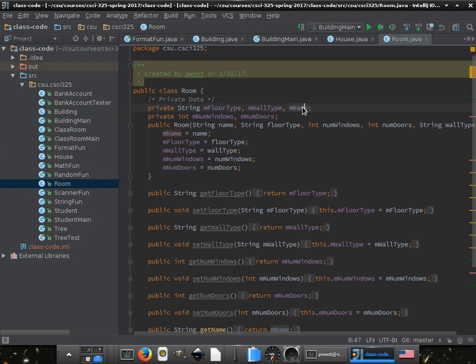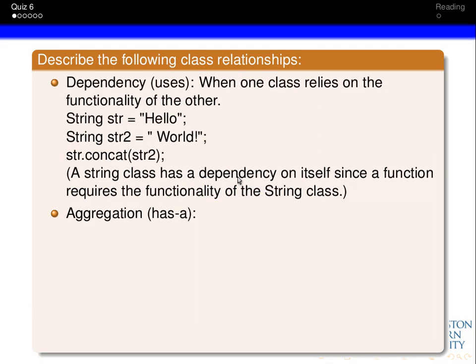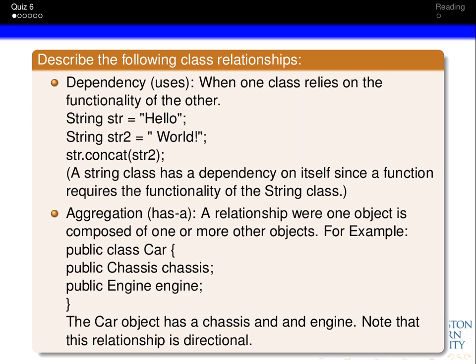All right. Let's see. An aggregation has a. Ooh, this is kind of the same thing. So, when one is composed of one or more objects. So, the dependency with the house is also an aggregation or has-a dependency.